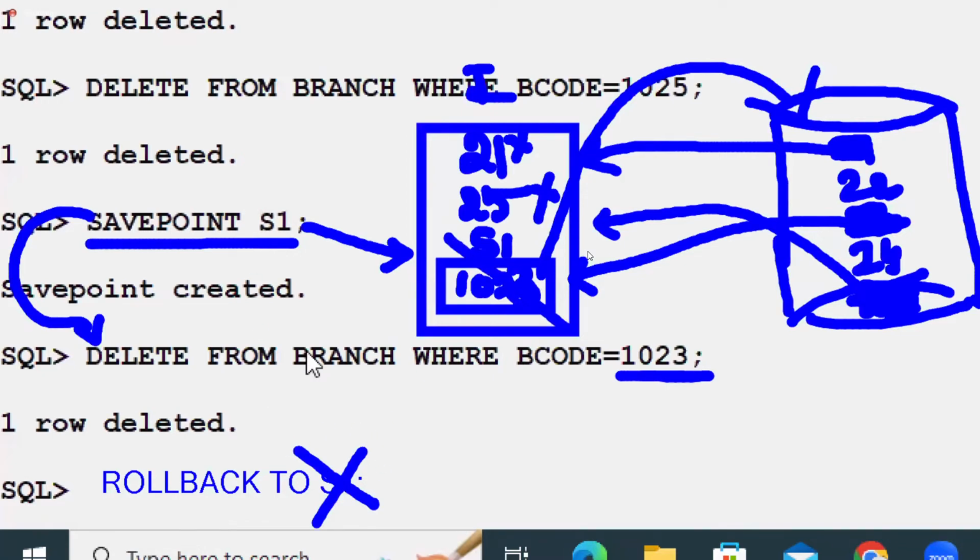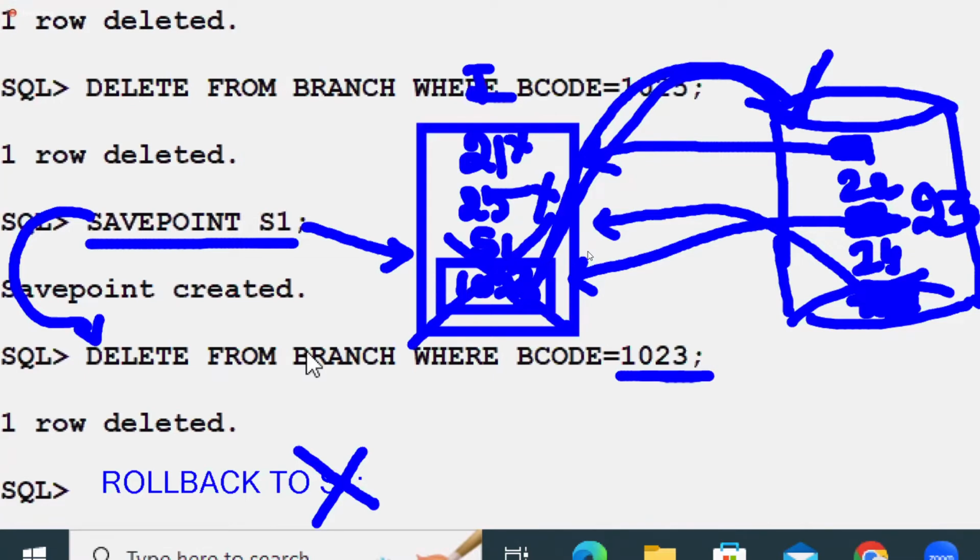S1 memory cancel means whatever data was in that memory returns back, written back into the database. Now the database got 1023 back, yes. But now tell me, 2125, where is it still? In instance memory only.